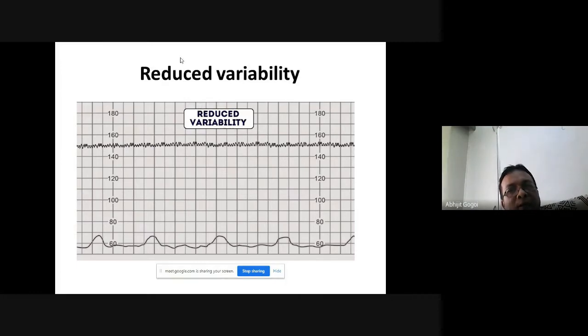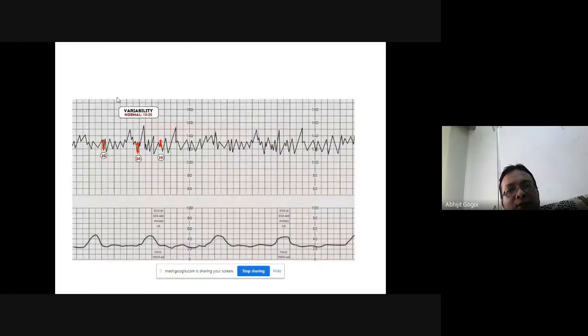Okay, so you see, this variability is quite less in comparison to this. This is a very good fetus, jumping all around. This is lots of variability. So look at the variability. This beat is 150, and the next beat is at 140. So there is a change of 20 beats. And again, see the 140, 150.